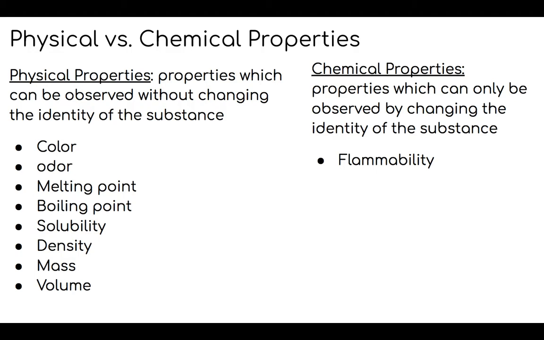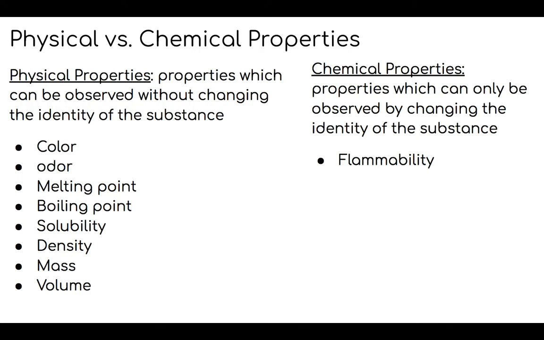The vast majority of the properties that we will be discussing, testing, and using in this unit are physical properties. The list of those are color, odor, melting point, boiling point, solubility, density, mass, and volume. Again, throughout our unit, we are going to be going into depth about all of these different properties, how we can test for them, how we can use them to identify and differentiate substances.